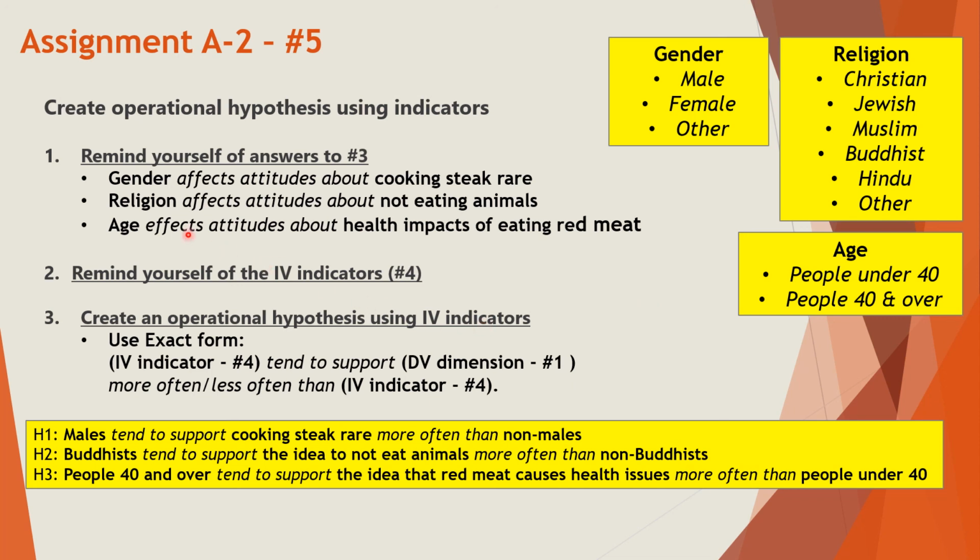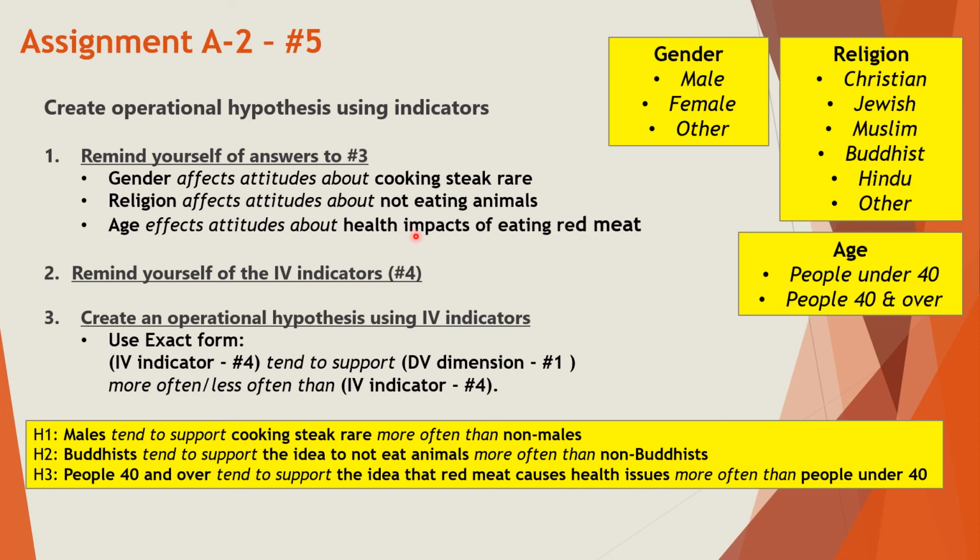And then the last one, for age, we changed that to people 40 and over tend to support the idea, and notice I put this even more, we gave it direction, the idea that red meat causes health issues more often than people under 40. This one we had to do a major change, because if we just said tend to support health impacts of eating red meat, we don't know what that means.